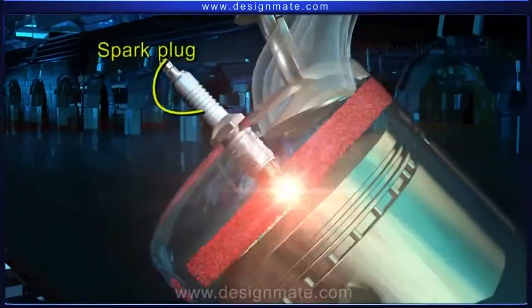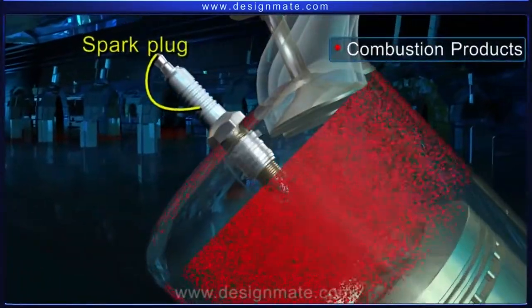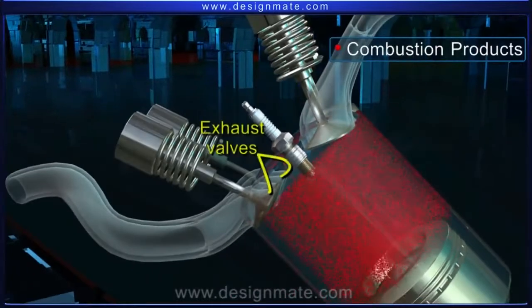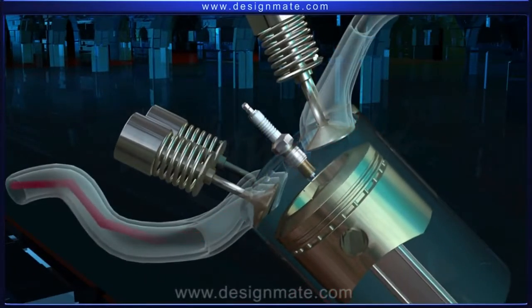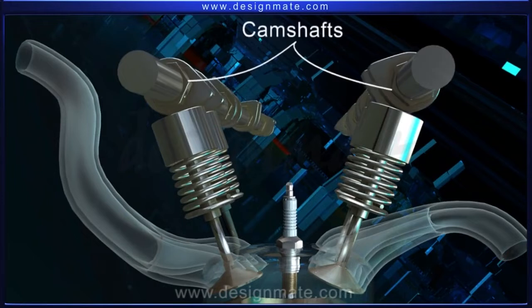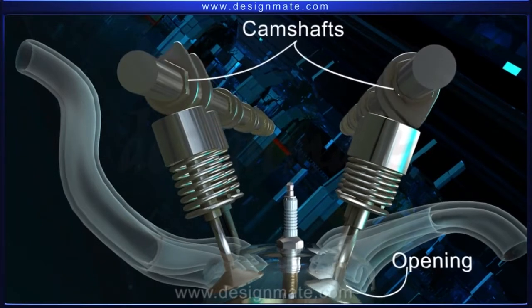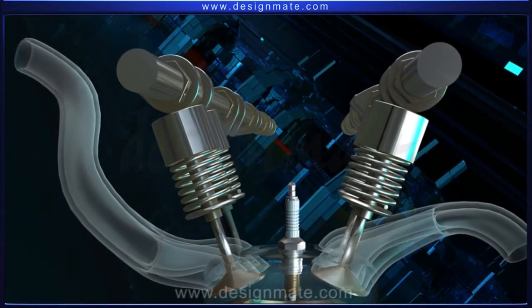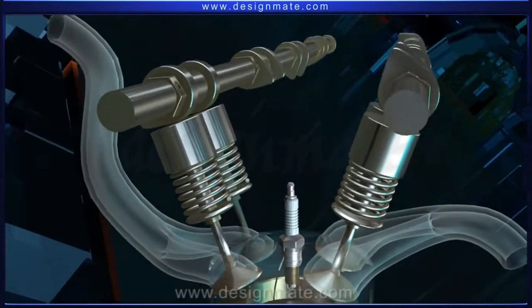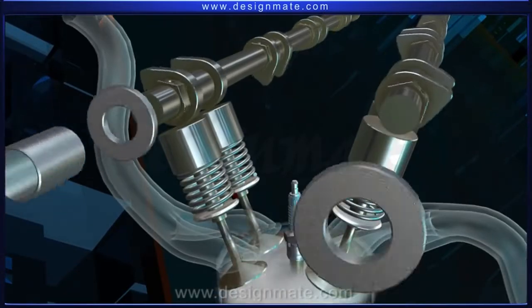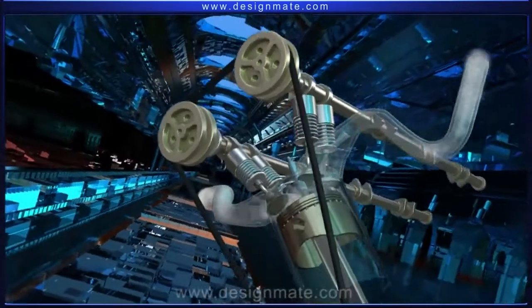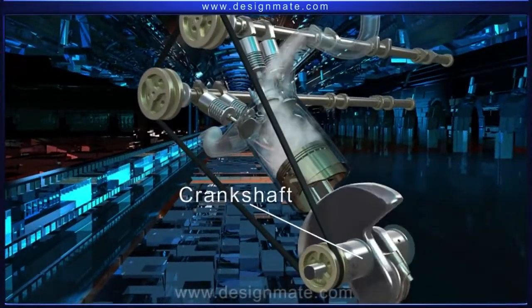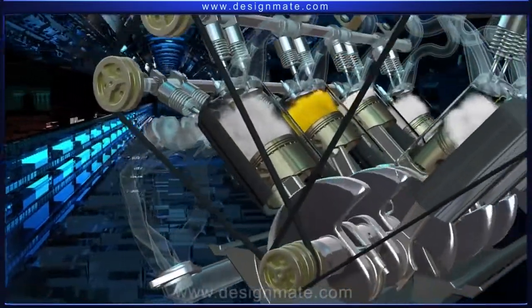Spark plug produces spark and ignites the fuel-air mixture, and the exhaust valves allow exhaust gases to exit the cylinder. Camshafts control the opening and closing of valves at appropriate times. Camshafts are connected by timing chain with the crankshaft to maintain synchronization between their motions.